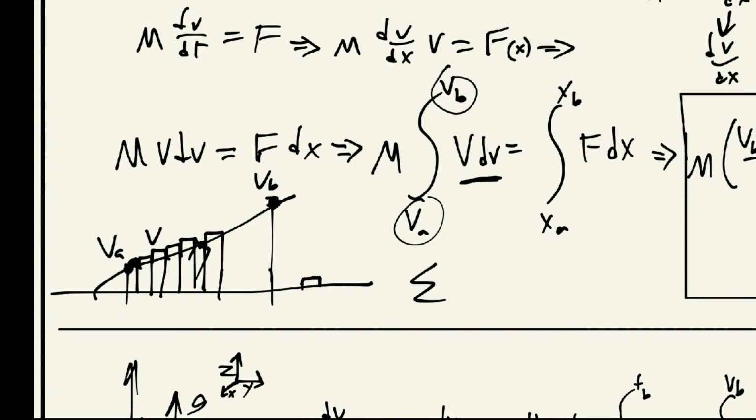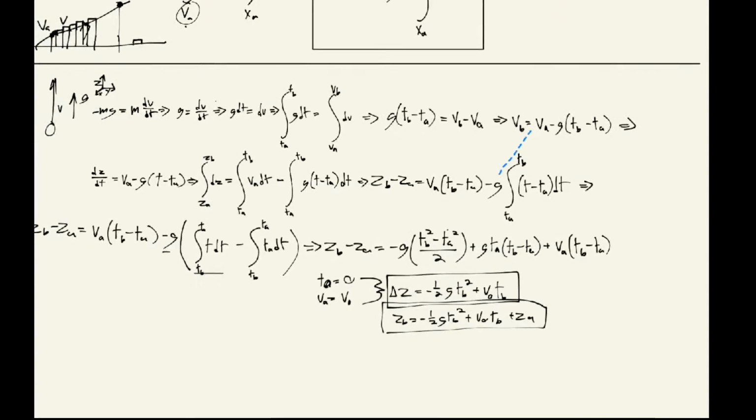Because if we think about it as a sum, as delta v approaches 0, from i equals va to i equals vb, and we're looking at v sub i times delta v. That doesn't make any sense. I'm going to talk to my physics professor about this. Yeah, I'm going to talk to him about this, see if he can explain things to me a little bit.